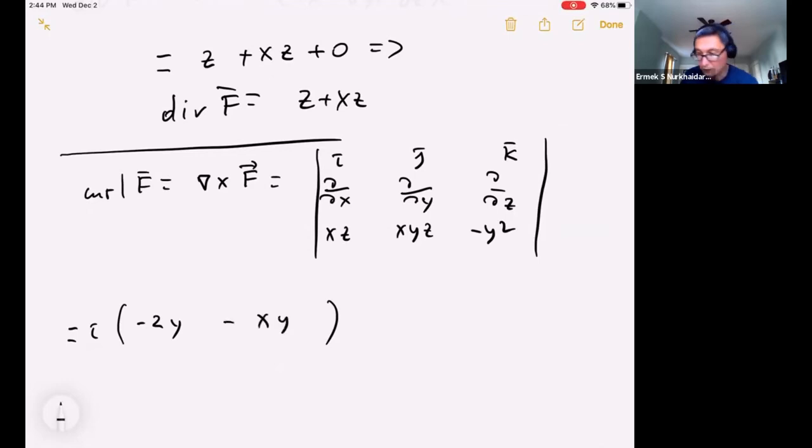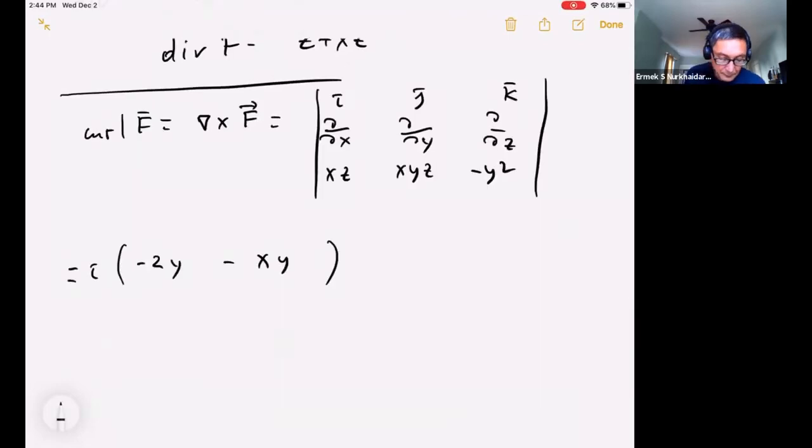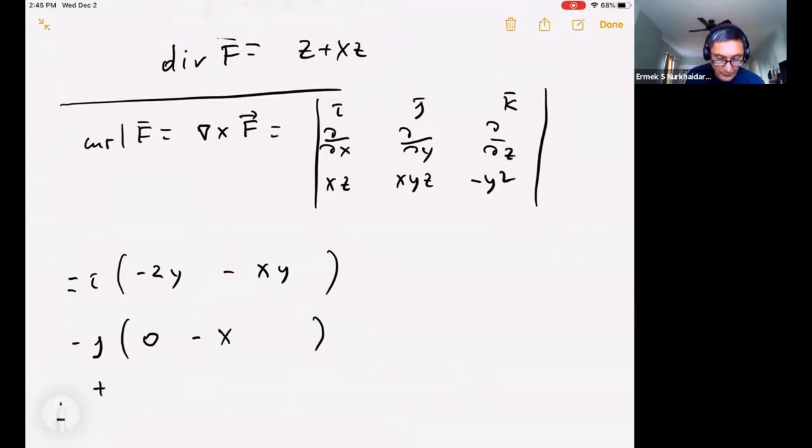And we're going to subtract. j will come with minus because it's the second one. Now the derivative of y squared with respect to x is 0. The derivative of xz with respect to z is going to be x, and because it's secondary diagonal, it's minus. Because the third one comes with plus, it's plus minus plus.